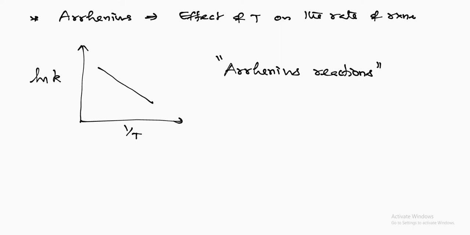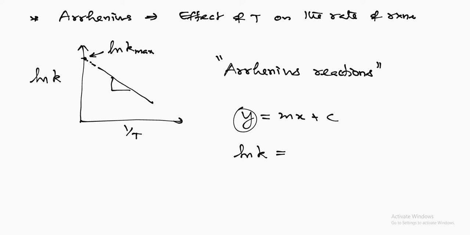Now see here, this straight line has an intercept and it also has a slope. You know very well the general equation for a straight line is y equals mx plus c. Now in the place of y I'll put ln k, and this c is nothing but the ln k where k has the maximum value, so this is ln k max.